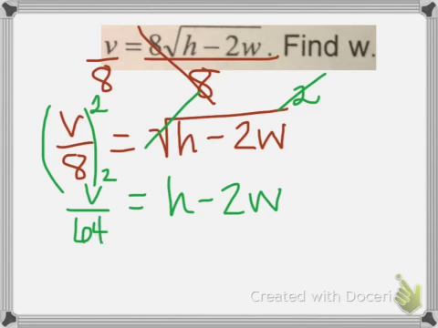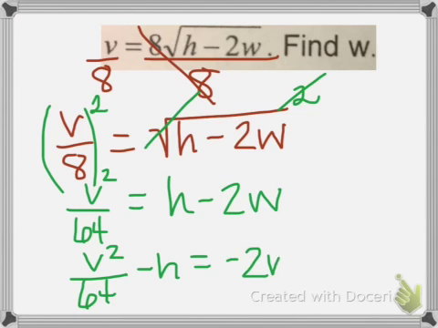And then I'm still working to get the w by itself, so I'm going to subtract h from both sides. And after I do that, I am going to divide both sides of the problem by negative 2, because I'm working to get w by itself.